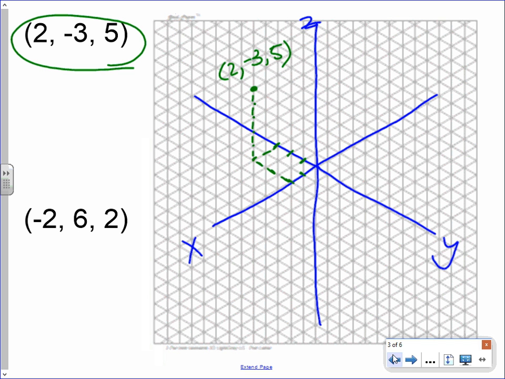Actually, how about you try to plot this one on your own, and then we'll see how yours looks compared to mine. Make a parallelogram with x and y, and then leave a dust trail up or down.